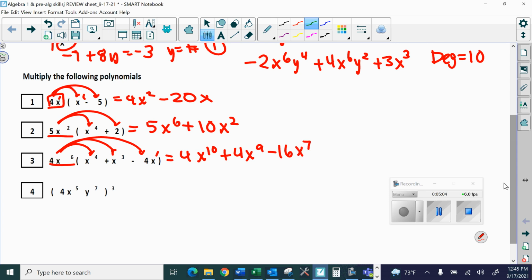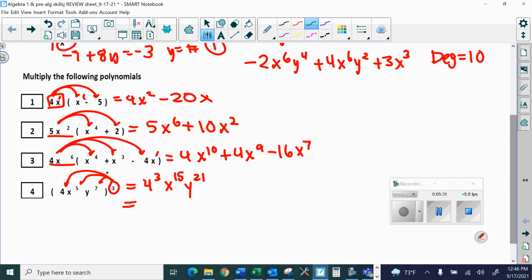And then here, I'm cubing this monomial. Remember monomial, one term? So that means this cubed has to get put on everything inside here. So it's 4 cubed, and then a power to a power you multiply, so it's x to the 15th, y to the 21st.